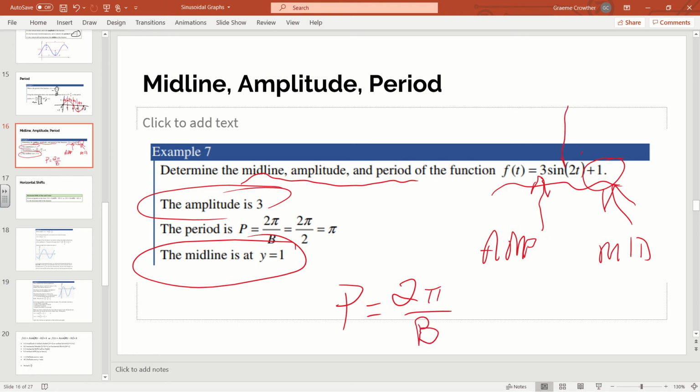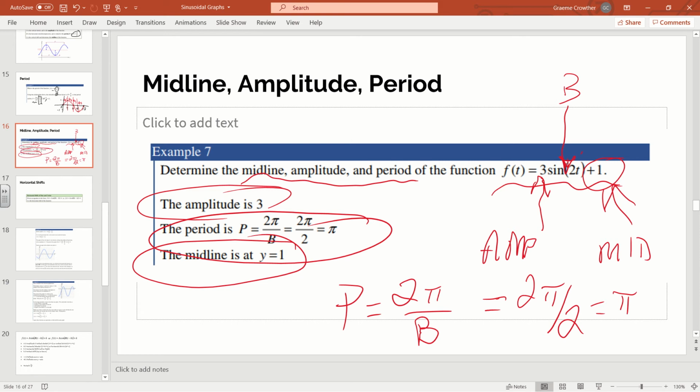B in this case is this 2. So I have 2 pi over 2, which when simplified is pi. So that's where the period is coming from. And we're going to do a couple more examples with those coming up before the end of the video.